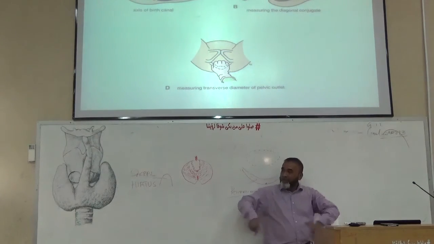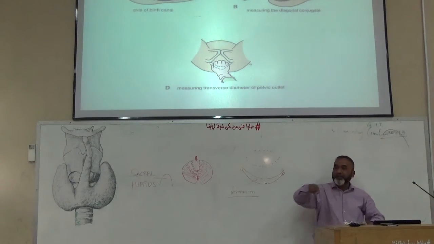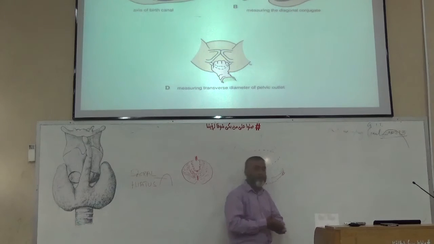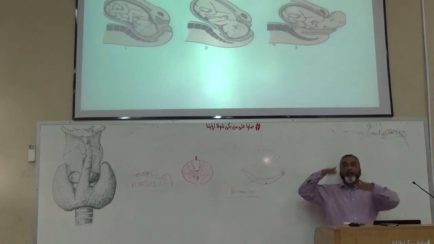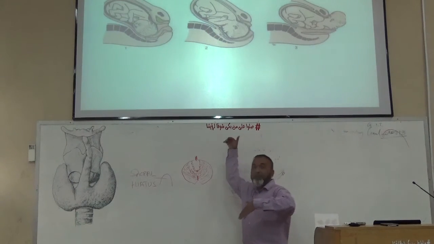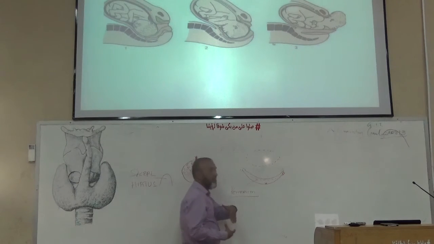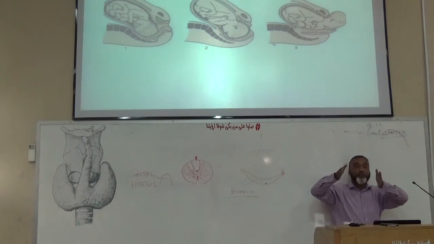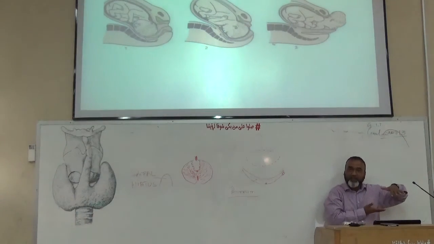Then you have the whole formation of the pelvis. Okay. So now if you see the baby, it is coming first where it is entering. You can see its face is not backward or forward. It is towards the right side or towards the left side.